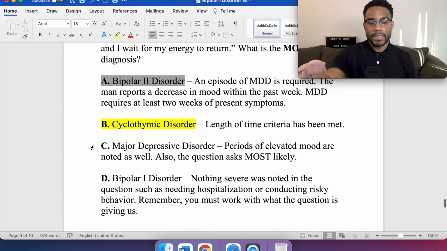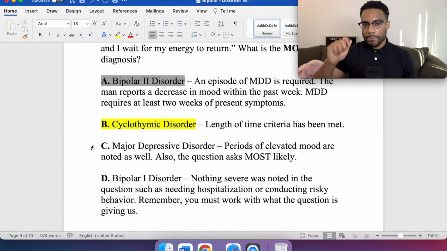If we look at C, major depressive disorder, periods of elevated mood are noted as well. Also, the question asks "most likely." So that's another thing that may trip people up on the exam, where they may see another answer choice and think, ooh, it could potentially be this if it just had that extra bit, right? But we have to work with what the question on the exam gives us, and it says the most likely.